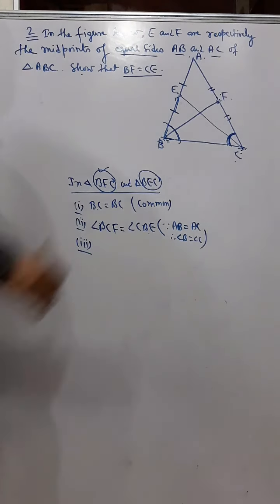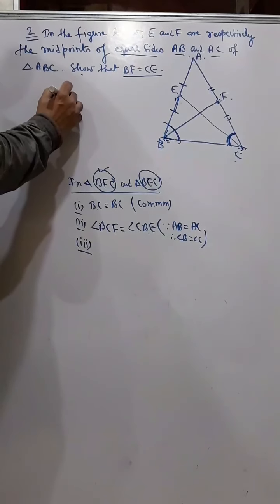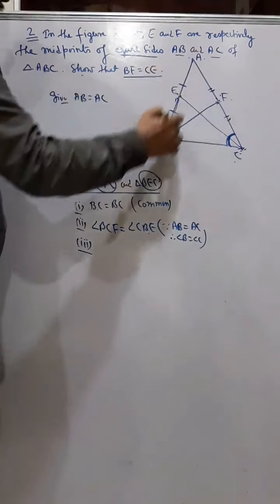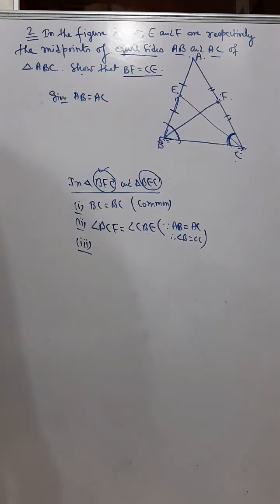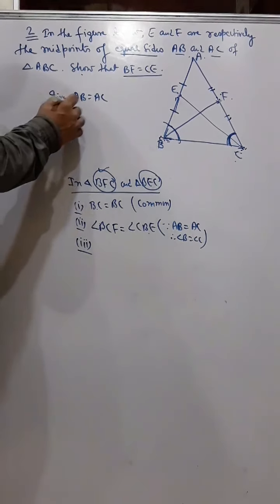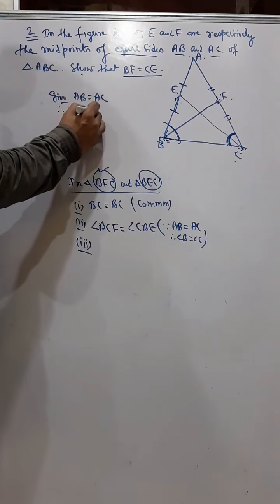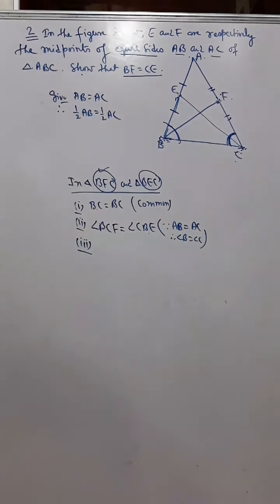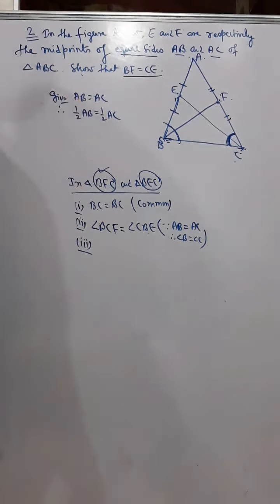Now the third point, you see, AB is equal to AC is given. Therefore we can say that half of AB is equal to half of AC, right? Half of AB will be equal to half of AC because AB equals AC.